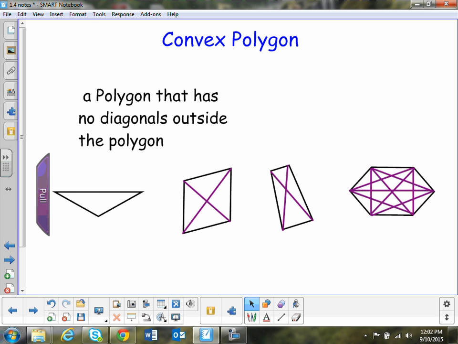Okay, so convex polygon. Concave is correct.